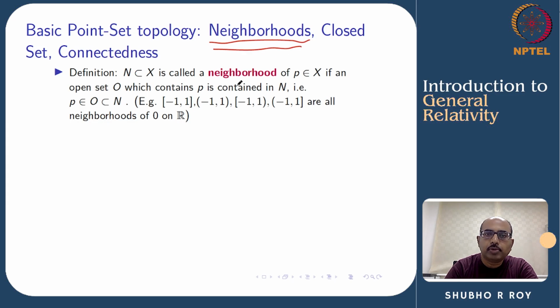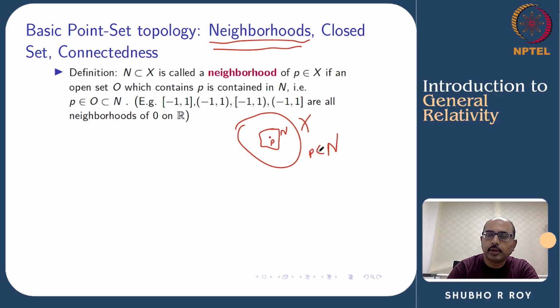Okay, so what is a neighborhood? Well, if you take a topological space X, and a point P inside the topological space, and you consider any set N which contains P, so P is contained in N, and if this N is contained in an open set, let's say O, then that qualifies N to become a neighborhood of P. You cannot just take any set which contains P as a neighborhood.